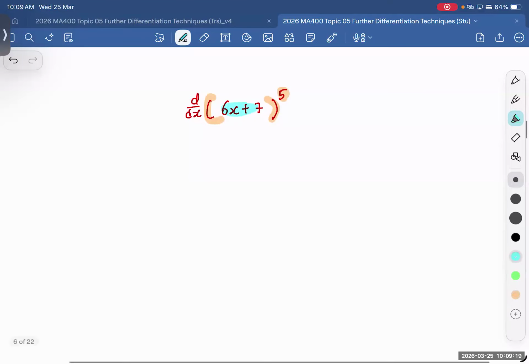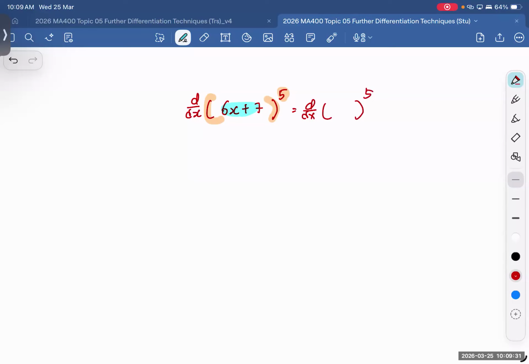We try to see the outer function, we try to see the inner function, correct? Then what was the main idea? Differentiate outer times differentiate inner. So the idea was to differentiate the outer, the power 5. The chain is the multiplication sign. Then I differentiate the inner, which is 6x plus 7.